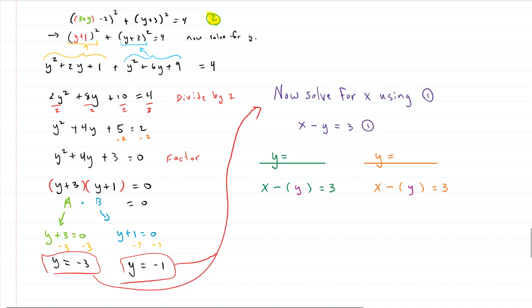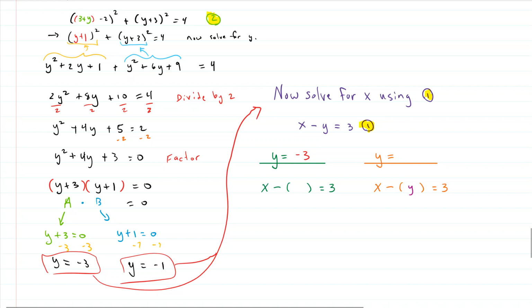So we need to take each of them individually and solve for the associated x. So we're going to use equation number 1, which we have written here, x minus y equals 3. So instead of having a y, let's see what we have here. First y we'll do is -3.